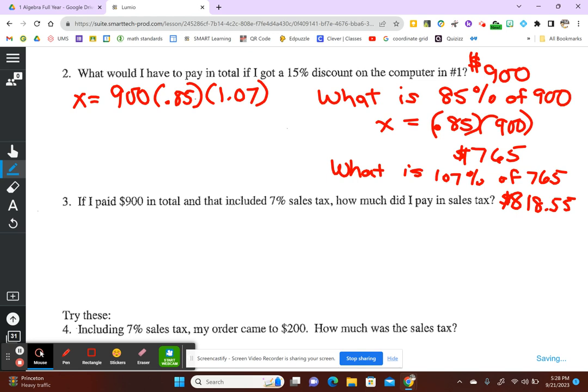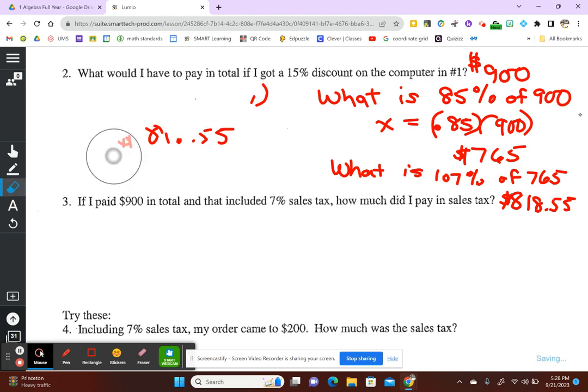Now, if you put that all into your calculator at once, you get 818.55, and that's the only work you have to show. So again, you can solve these any way that makes the most sense to you.